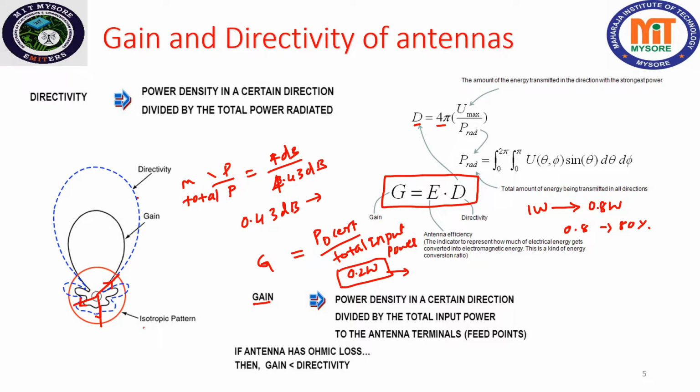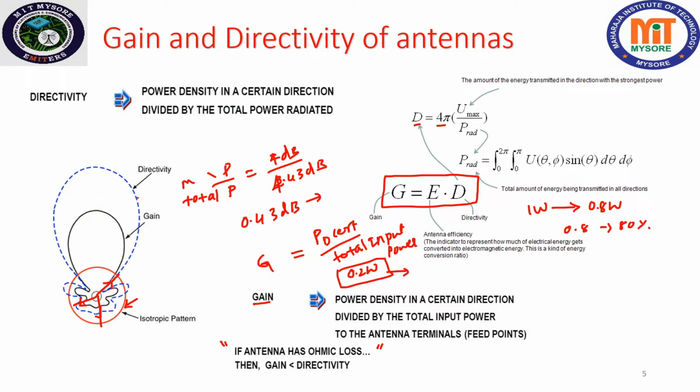And you also need to remember this isotropic antenna is an ideal antenna or ideal source which does not exist in reality. We can model some of the very important concepts of antennas using this isotropic pattern. That's why we use it as a standard. With respect to this isotropic source, we compare our other antennas and their patterns. Okay, so that's about the gain and directivity.